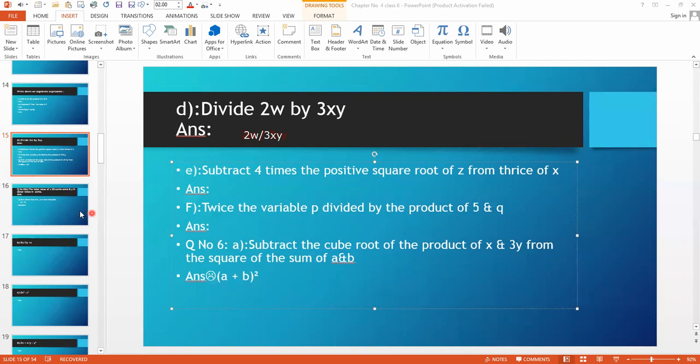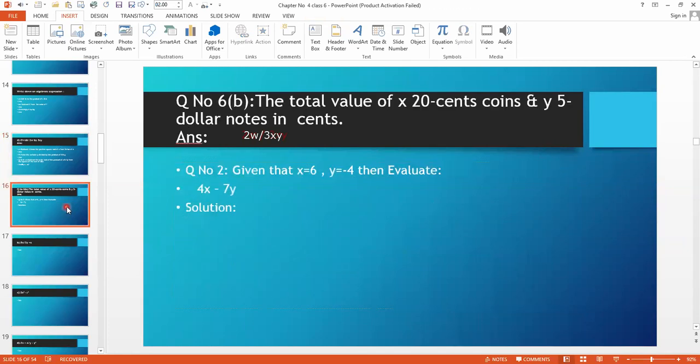Now we come to question number 6, part B. Look here. It is related to the total value of x 20-cent coins and y $5 notes, in cents. You have to write the answer in cents.